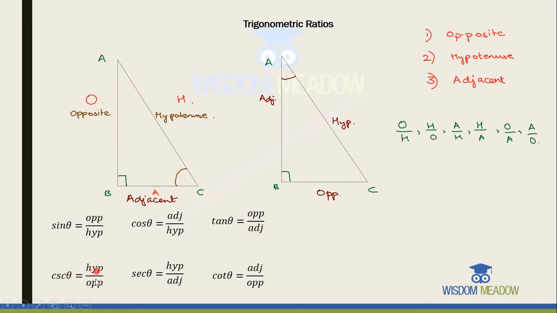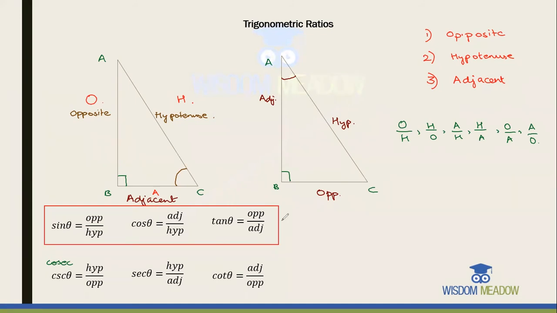Cosec theta is hypotenuse over opposite. That's a short form for cosec. And sec theta is hypotenuse over adjacent. Cot theta is adjacent over opposite. So now to remember this, you could see that sine, cos and tan are the most important among the ratios.